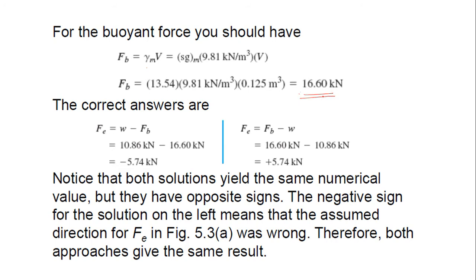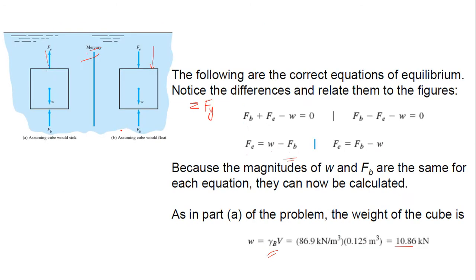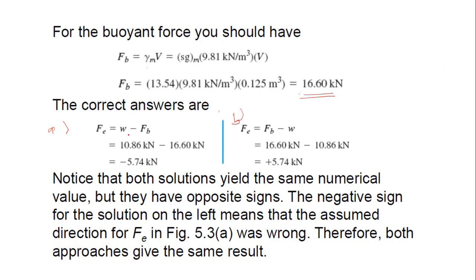Okay. Now when you put back in your equation, both equations for your first assumption, this is A, this is B. Your first assumption, where you assume that the external force is going upward. So Fe equals W minus Fb, 10.86 minus 16.6 equals minus 5.74.